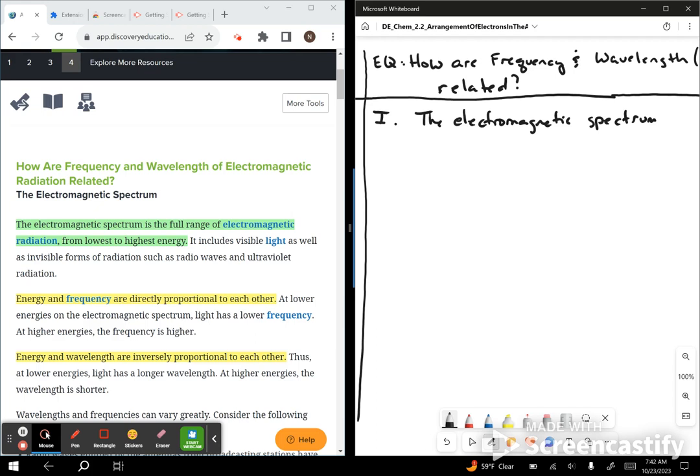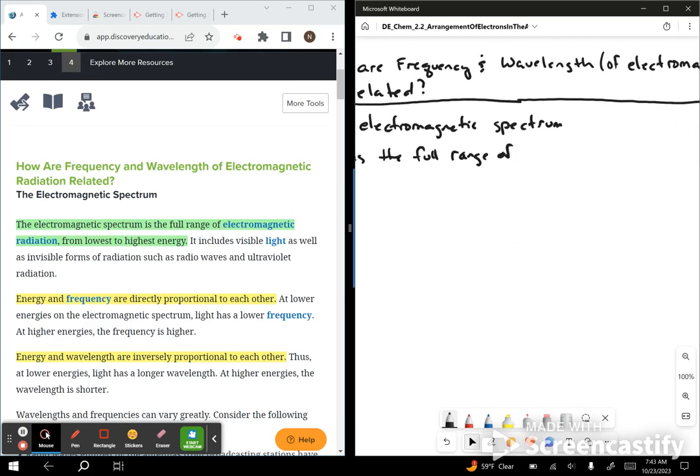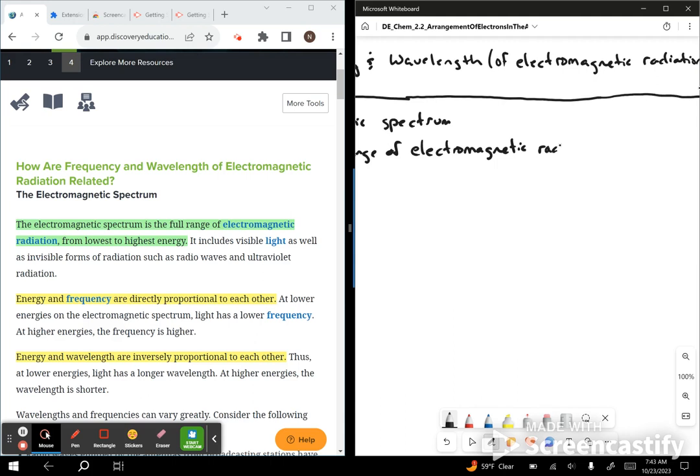It is the full range of, and here's maybe the key part, electromagnetic radiation. Maybe we'll underline that, just to draw our attention to that.